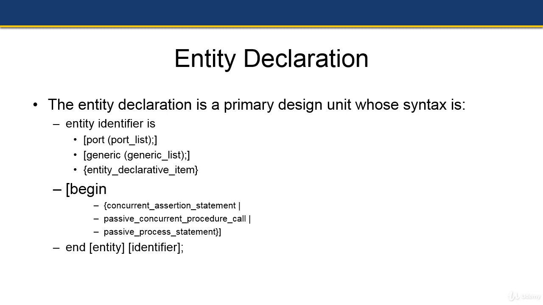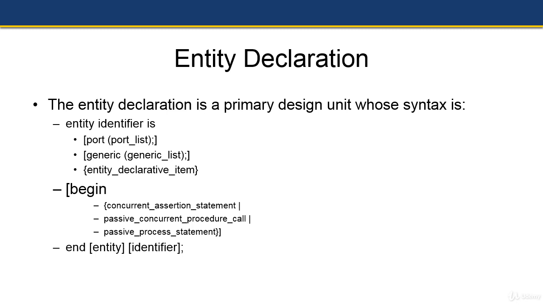We have entity, identifier, basically the entity's name, followed by a port list. A port list defines the port connections possible with this entity and its mode.